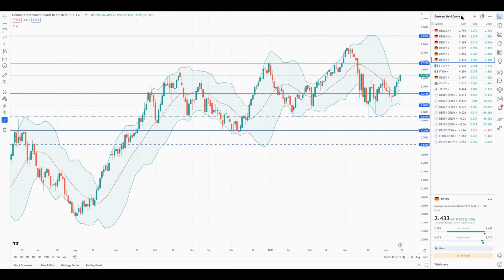But what we are seeing in both the German and the US curve is a noticeable reduction in the volatility of travel.